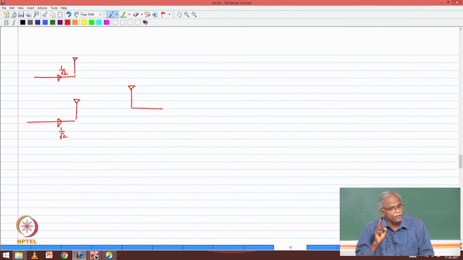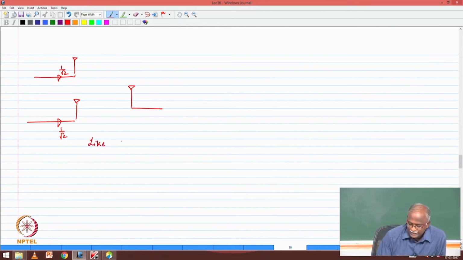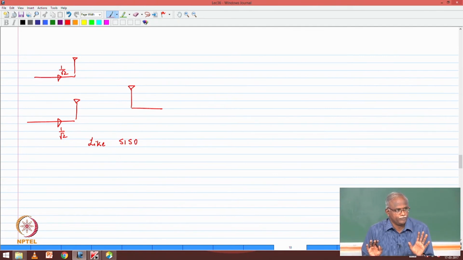And how many antennas do we have at the receiver? Only one antenna. Whatever I can intercept with one antenna is what I can benefit from at the receiver. The total transmit power has not increased. So effectively, this looks like a single input, single output system from a power point of view, because the total power coming in is the effective power of one antenna, and what is getting used at the receiver is that of a single antenna.